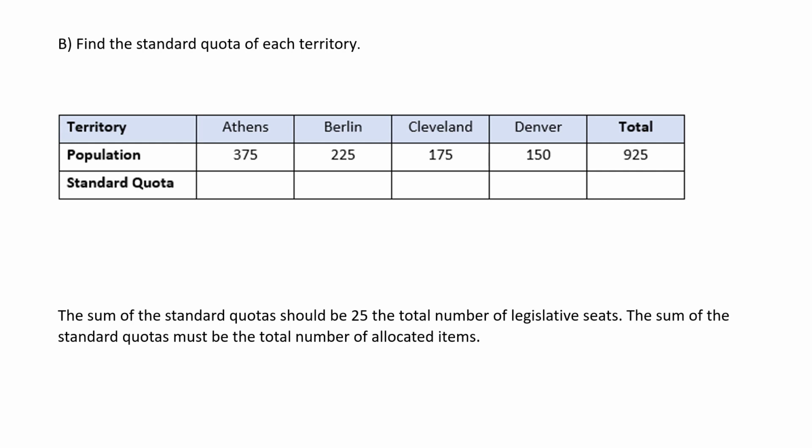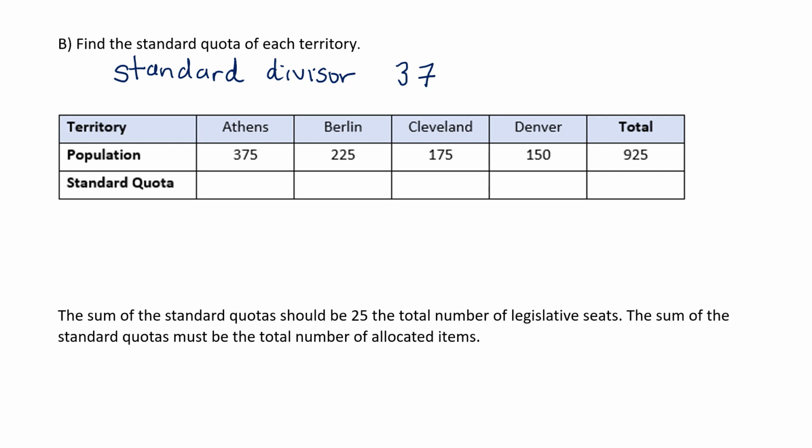To find the standard quota, we need the standard divisor, which we computed in the previous part as 37. Have your calculator handy. We have a whole lot of arithmetic to do.